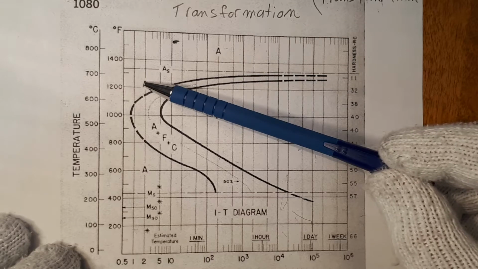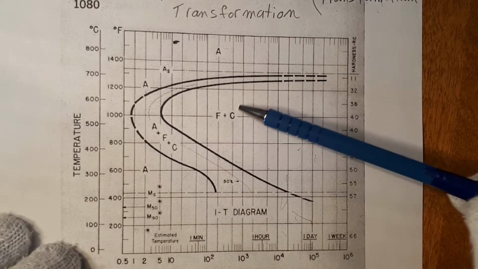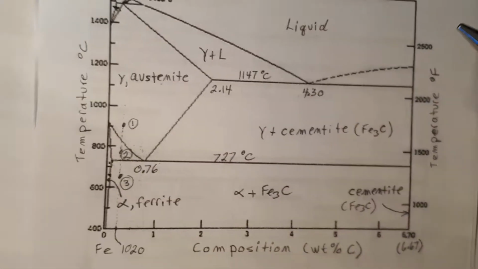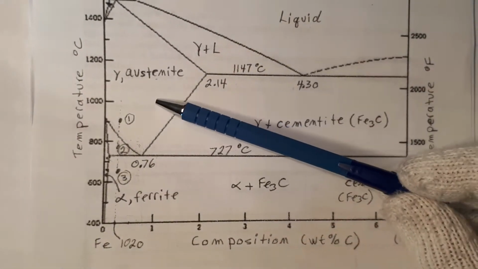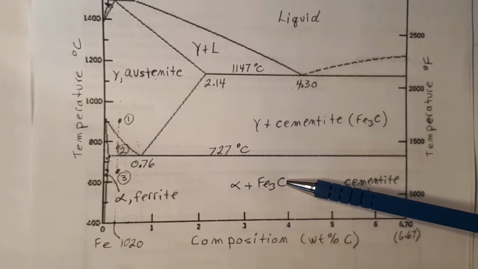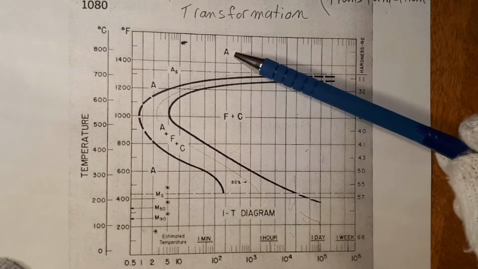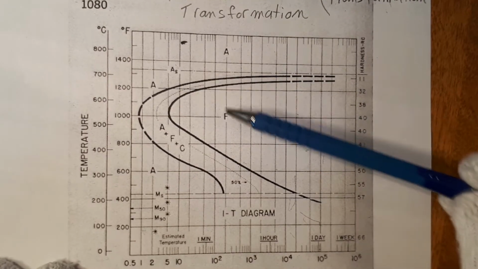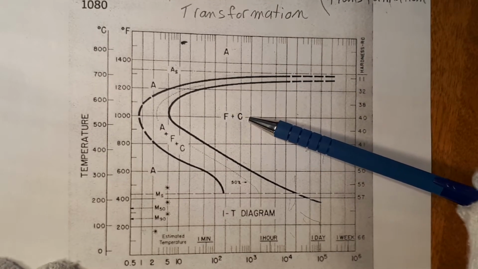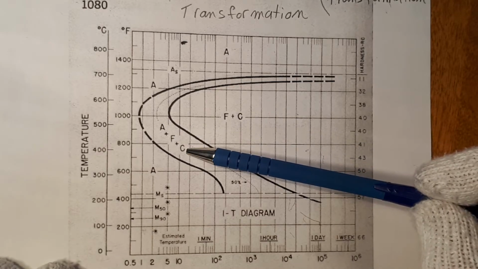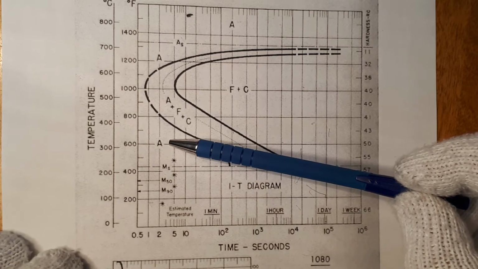These letters represent the phases in materials or steels, much like the phases in the equilibrium diagram: austenite, ferrite, and cementite, also known as carbide.